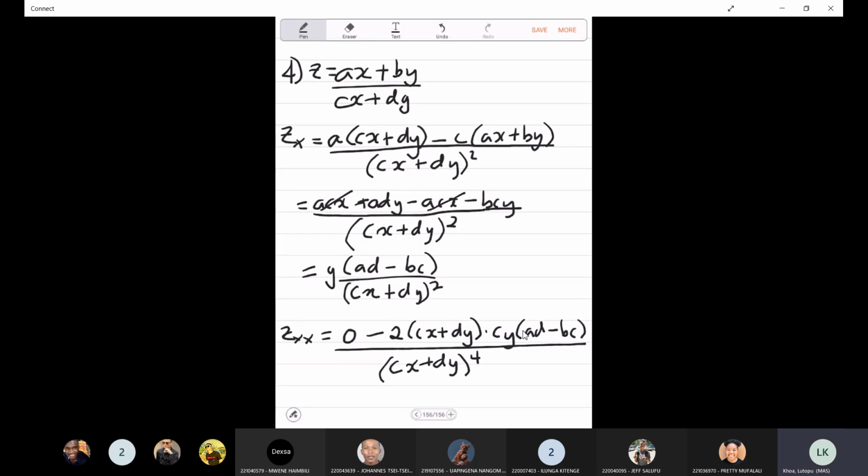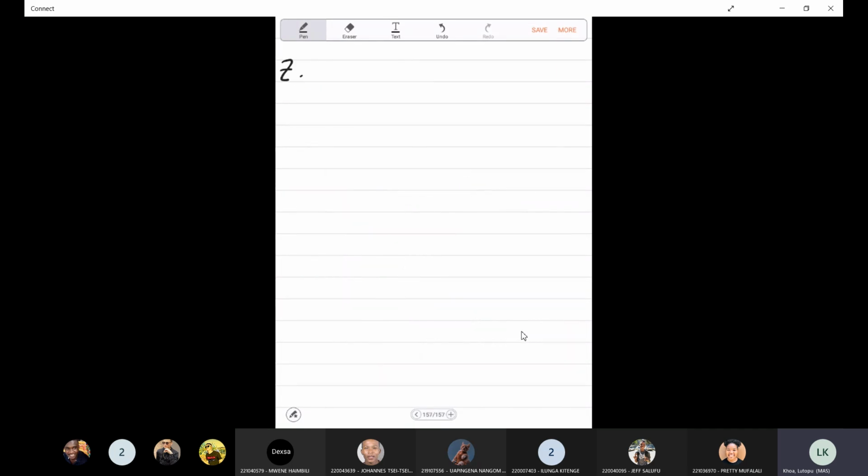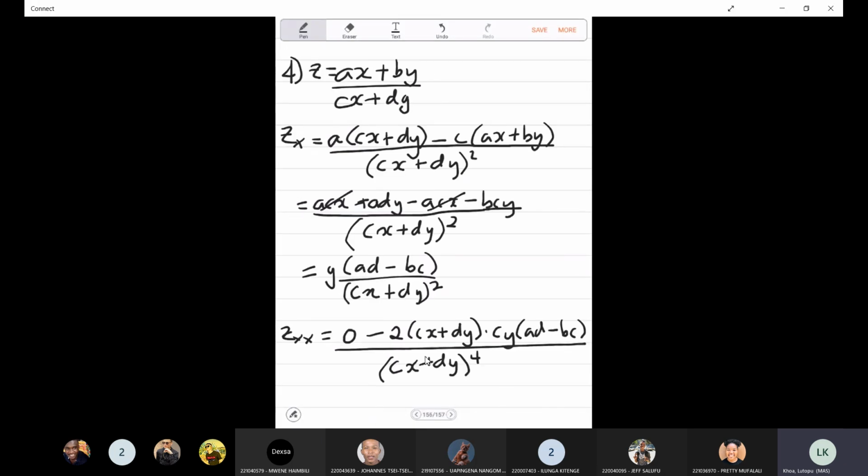Then you would simplify as far as possible. Cancel any terms that can be cancelled and see what we have left. Okay, so ZXX, so let's look at this. We can see that CX plus DY, this one can cancel with one of these. So in the denominator, we will have a power of 3.